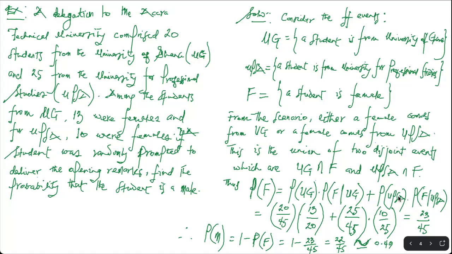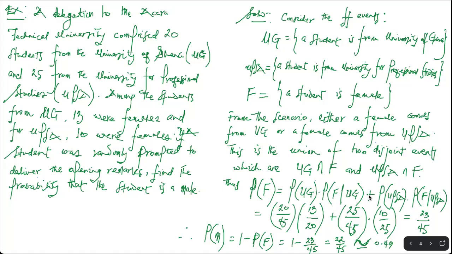Let's assume that we have additional information, and the additional information says that a female student was selected, and we're interested in computing the probability that the student was from UG. Look at the question very well. A female student has been selected. What is the probability that the student is from UG?